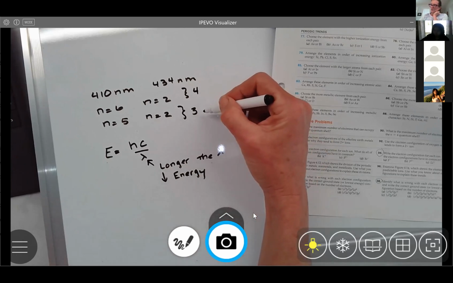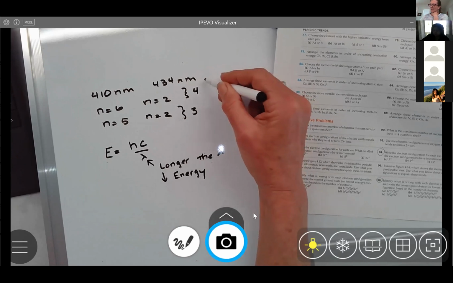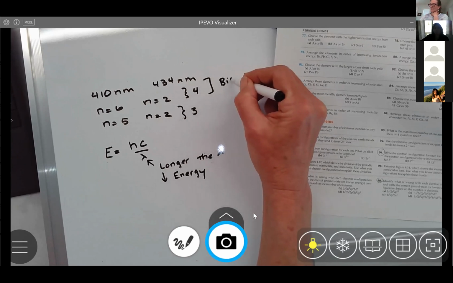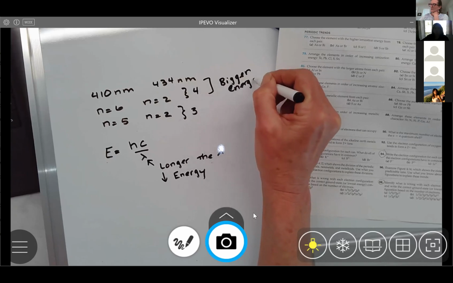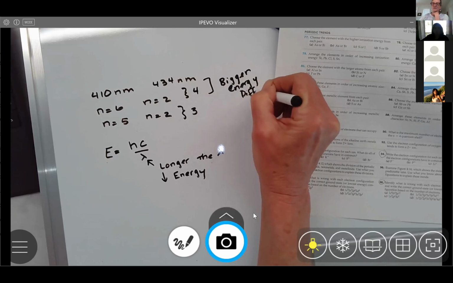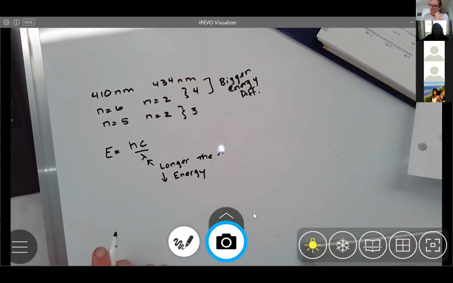Which transition will have the bigger energy change? The one that jumps 3 or the one that jumps 4? It jumps 4. Yeah, so this will be a bigger energy difference. And remember that if you have long wavelength, it's low energy.